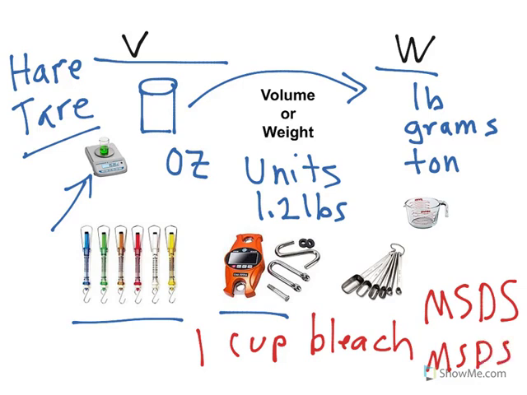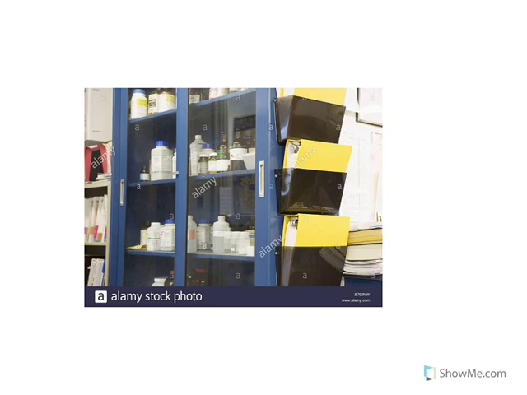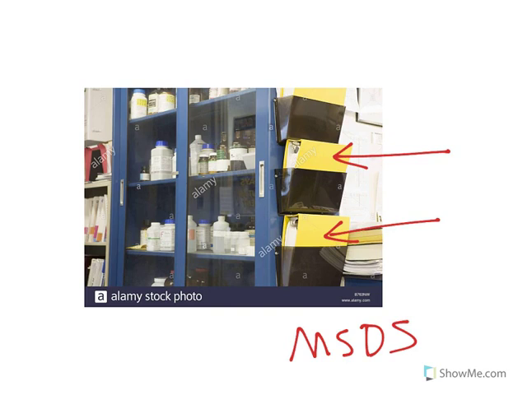MSDS. Please remember this. This could save somebody's life or really help you out in the long run. You spill bleach. When you're employed somewhere, most places or every facility should have these things right here, which are MSDS sheets.